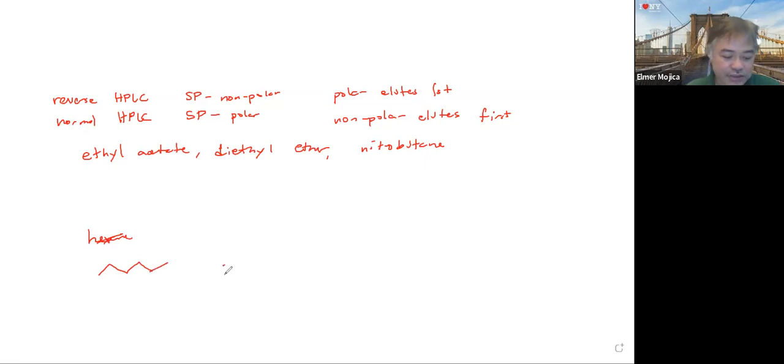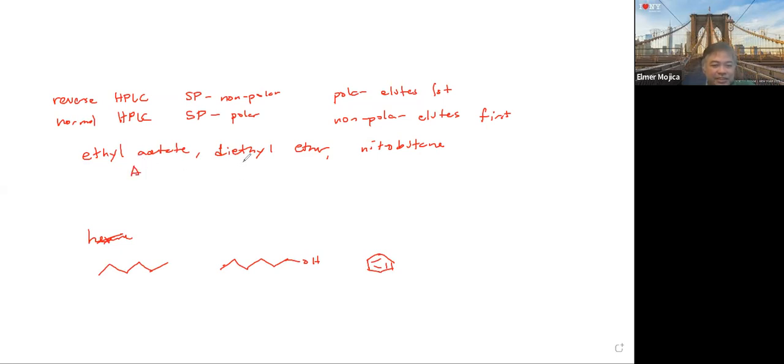And then the other one is hexanol. 1, 2, 3, 4, 5, 6. And the other one is benzene.